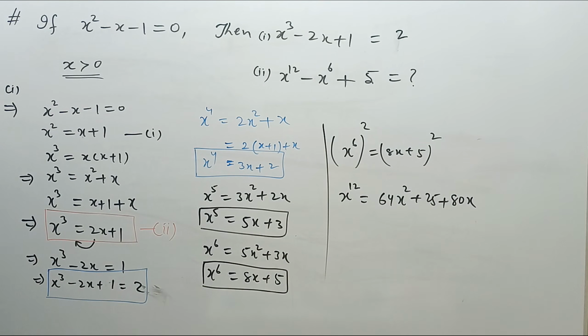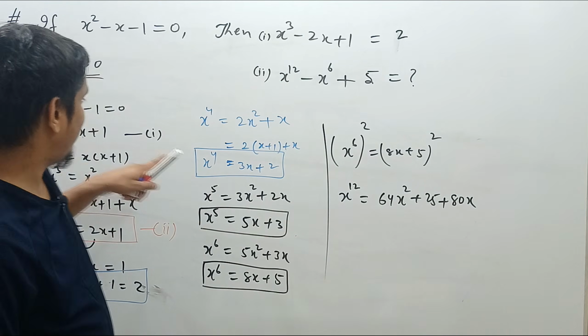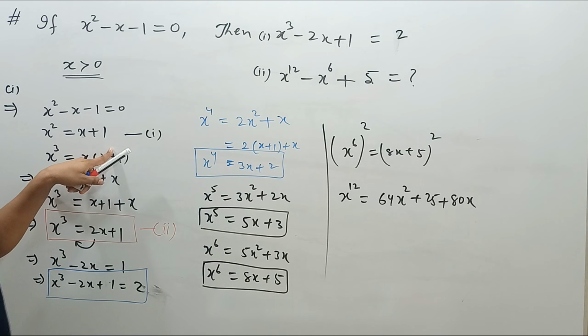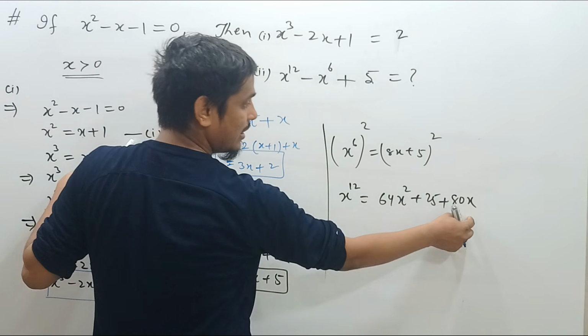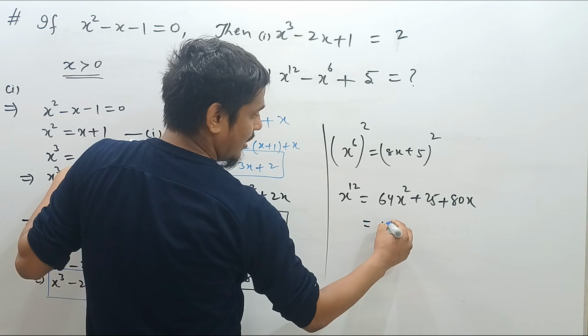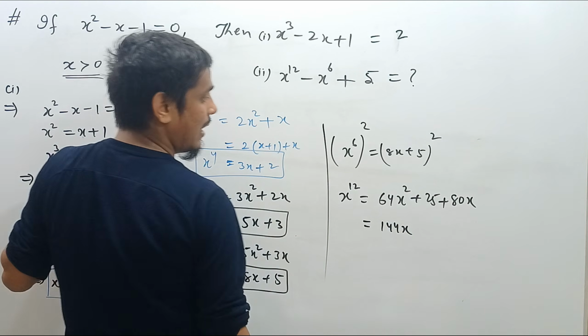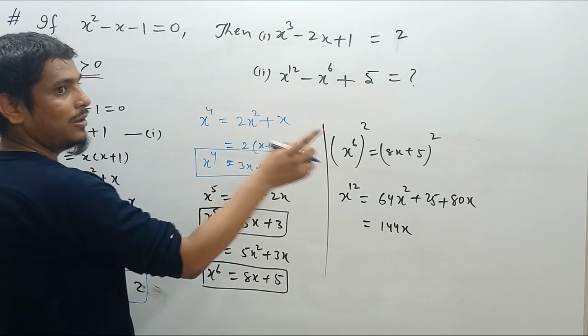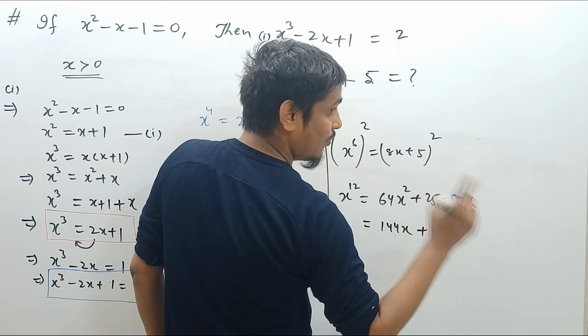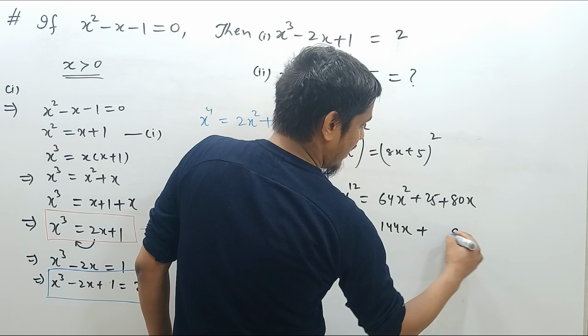Now x square over here, we can substitute in place of x square as x plus 1. So that will give us 64x plus 80x, so 144x. And 64 into 1 is 64 plus 25. 64 plus 25 is what? 89.